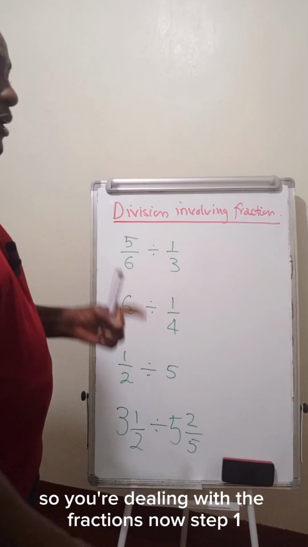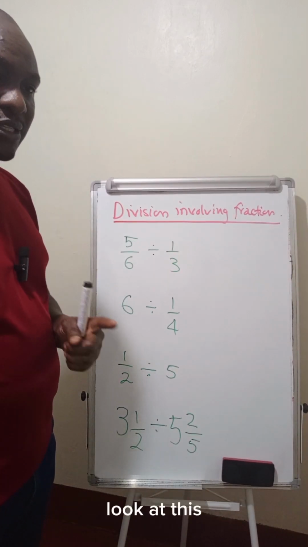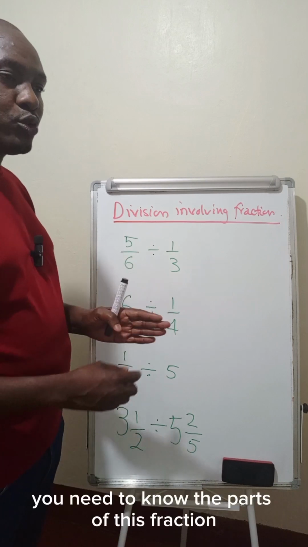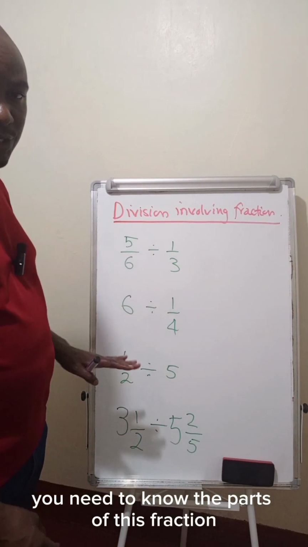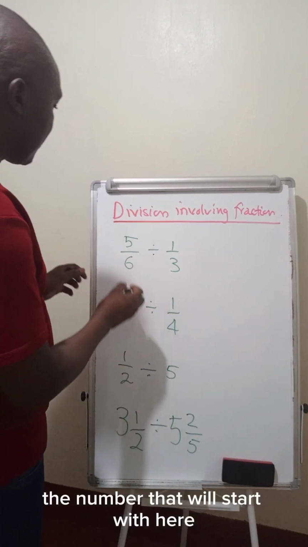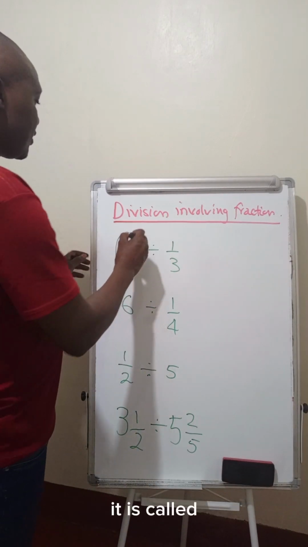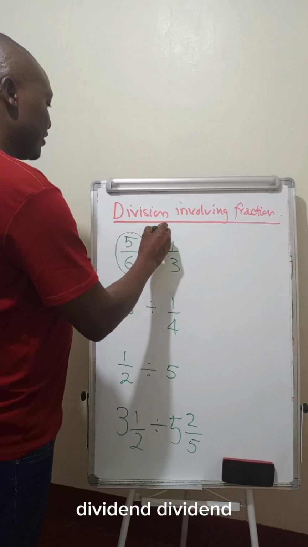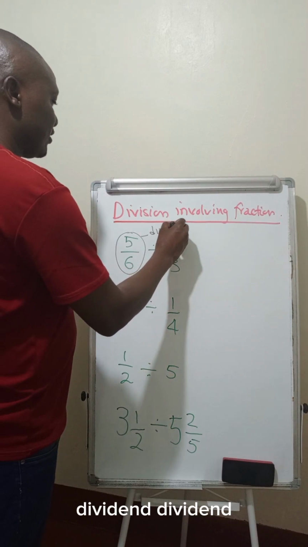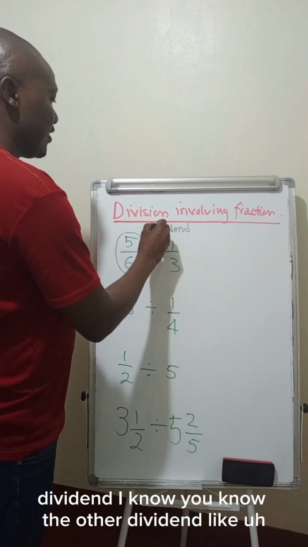Now, step one, look at this. My learners, you need to know the parts of this division. The number that we start with, this number here, is called the dividend.